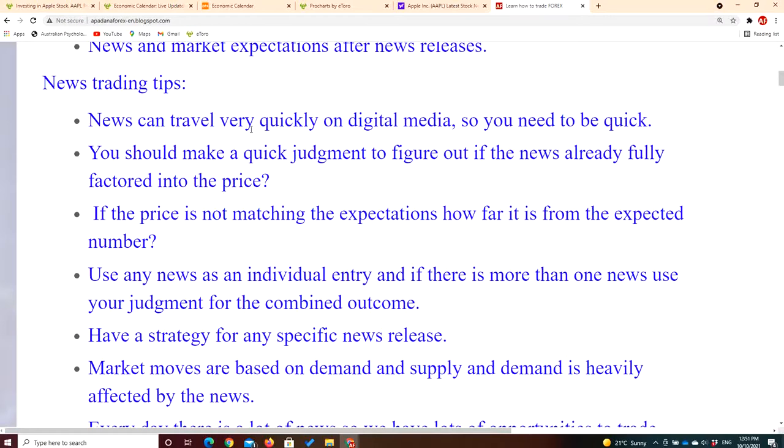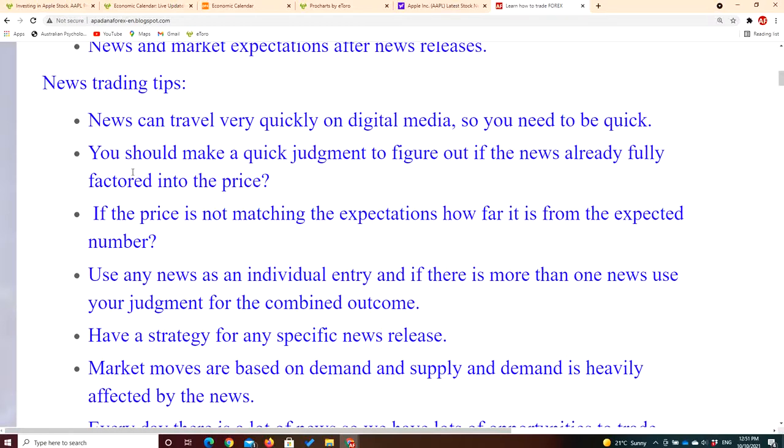So news can travel very quickly. So you need to prepare your trading strategy before the news and act accordingly. So if the result is better than expectation, what should you do, and if it's worse than expectation, what you do in any situation.